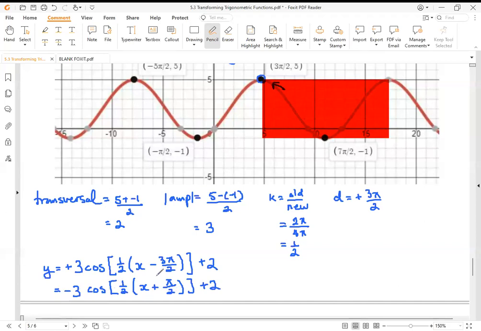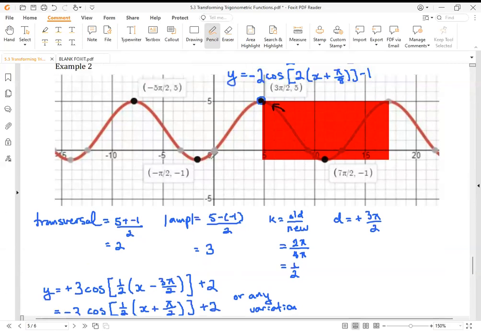So either or any proper variation of these. In other words, coterminal functions of these are totally good, absolutely acceptable.